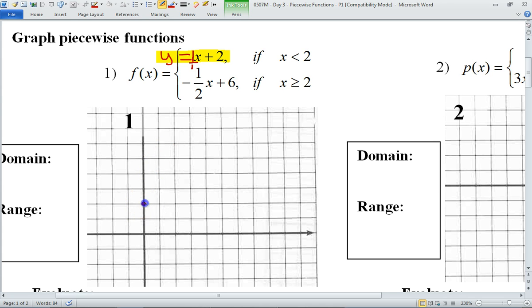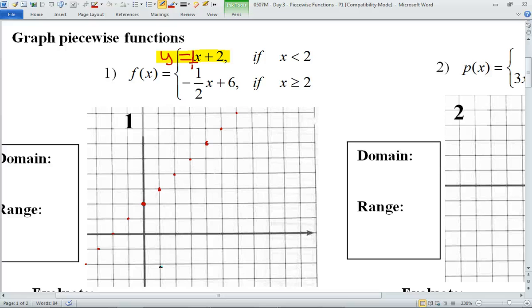I was starting from my y-intercept of 2, and then I'm going to go up 1, right 1. Just do this very lightly because we're going to wind up erasing a lot of this in a minute. But go in both directions, please, just like we did on Thursday. So that shows you where the line y equals x plus 2 is.